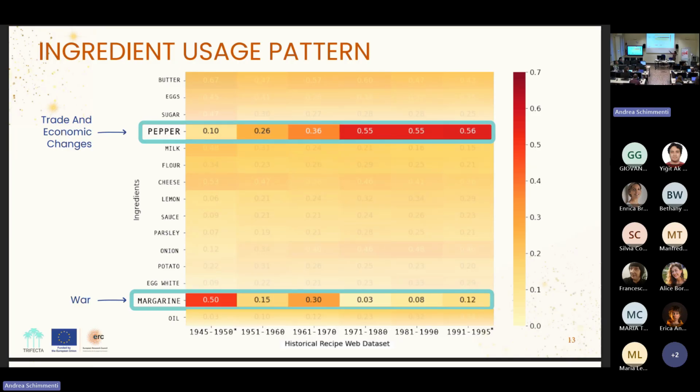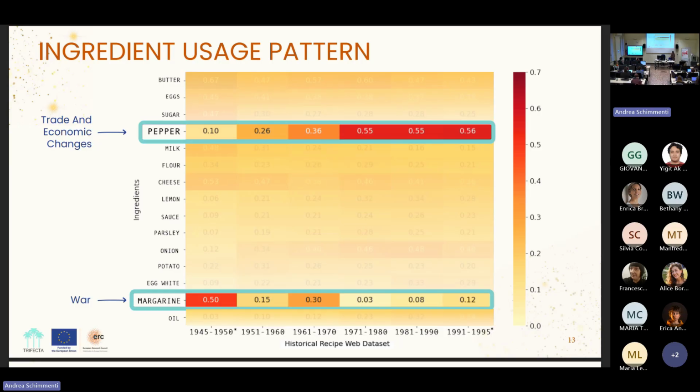There is a spike in the mention of margarine only during the post World War period, and this made me really curious whether there is a possibility of using ingredients as a marker towards historical or economic events that happened. And this shows that there can be a possibility.